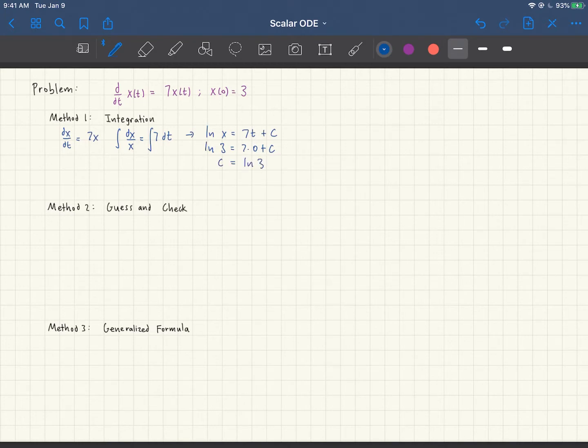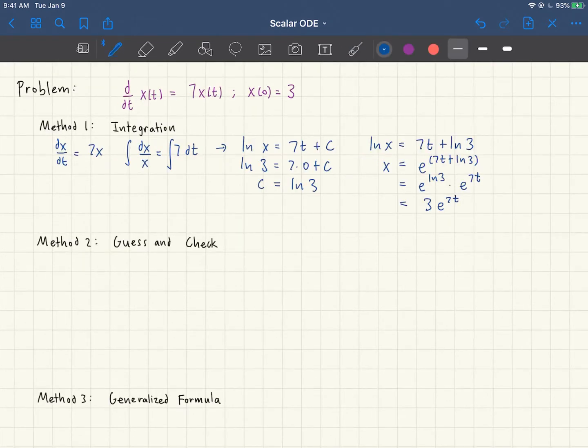So now we know that the log of x is equal to 7t plus the log of 3, and if we exponentiate both sides, meaning I take e to the power of both sides, I'll get x is equal to e to the 7t plus log 3, which is then equal to e to the log 3 times e to the 7t, and I'll end up with 3 e to the 7t.